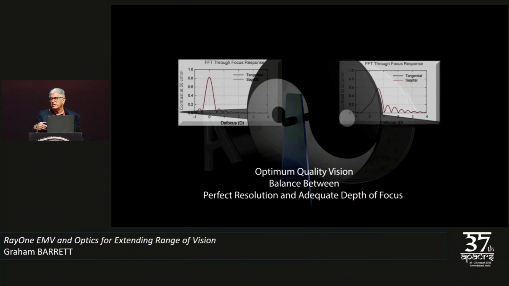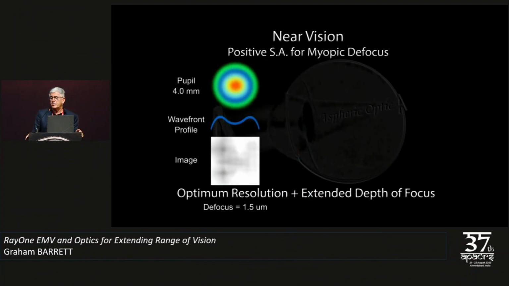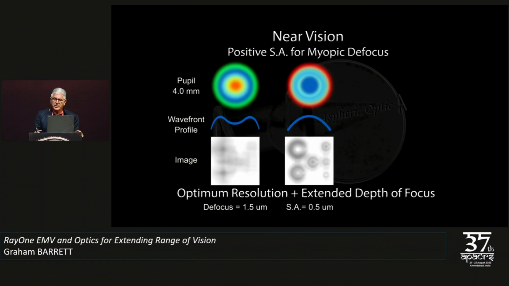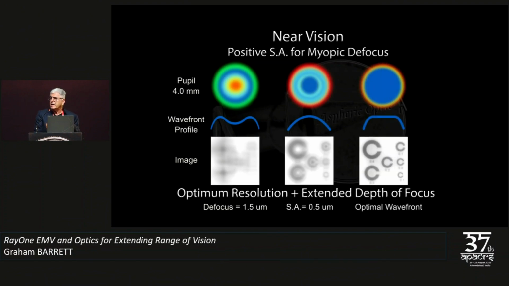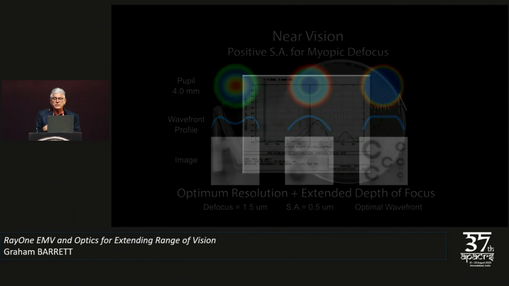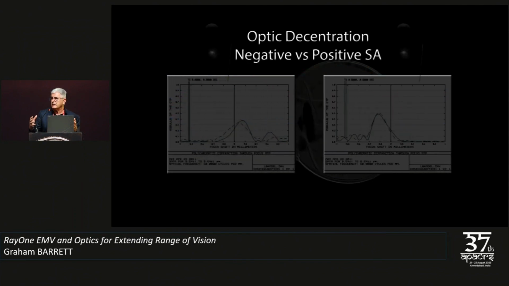There are certainly unique features about positive spherical aberration. If you have some defocus due to myopia and you have some defocus due to spherical aberration, you put them together, there's a synergy, and the combined wavefront is actually better than either myopic defocus or spherical aberration alone. Also, and this is often not well understood, all lenses are decentered to some extent.